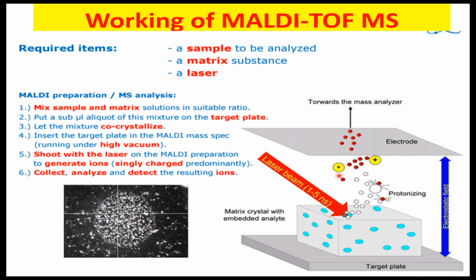And these ions then go on to the mass analyzer, based again on mass charge ratio and charge intensity. The ions are detected, that is, peaks are formed.